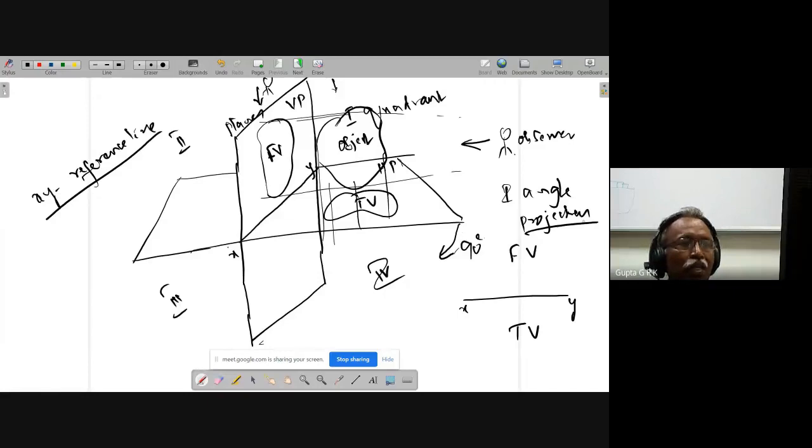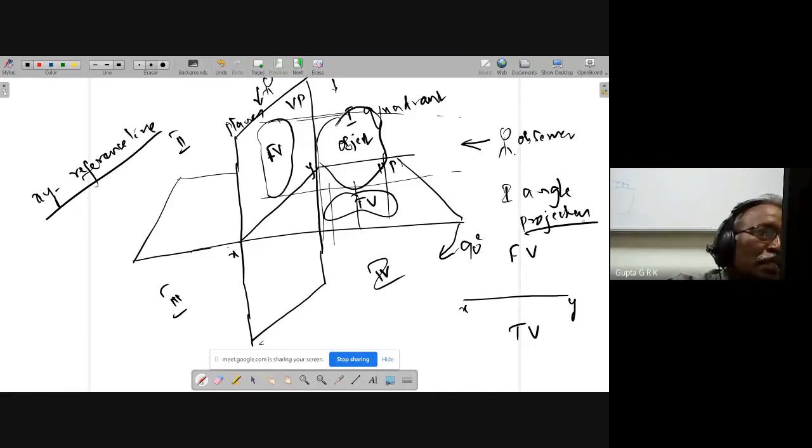These two are in two different planes which cannot be drawn on a drawing sheet. So if I want a drawing sheet, one of the planes, horizontal or vertical, has to be rotated by 90 degrees so that they coincide with each other. Now I rotate the horizontal plane by 90 degrees and it coincides with the vertical plane.